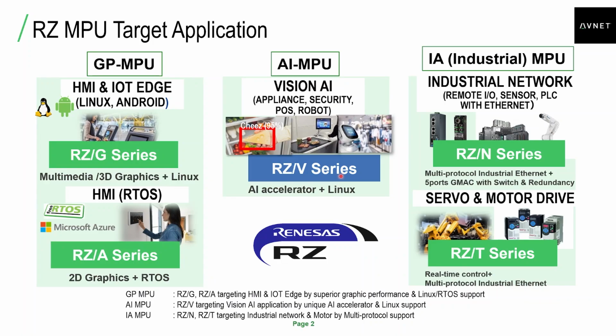For today, we're going to be focusing on the RZ product family, which is our SoC-based product family. In the RZ product family, we have divided it into 5 subcategories, focusing on HMI, IoT, industrial networking, and industrial motor control. And the one we'll be focusing on today is the RZ/V family, which is focused on Vision AI.